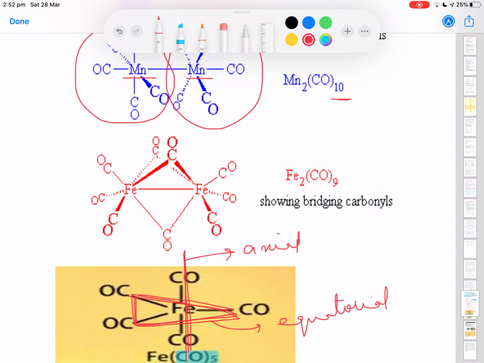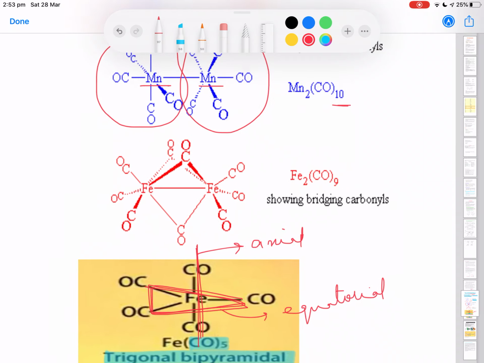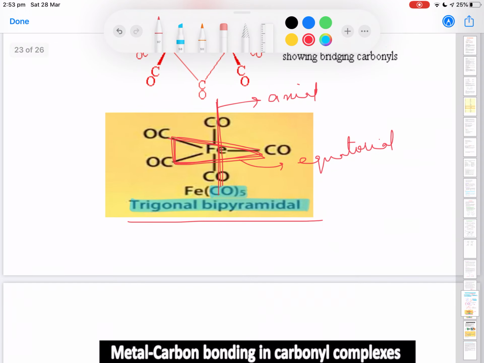When you see the bridging carbonyl compounds, the 2 metal atoms are linked with each other, but apart from that there is a carbonyl group which acts as a bridge between the 2 central metal atoms. So these are the structures which you need to learn, okay?